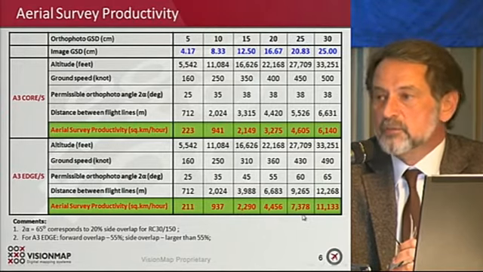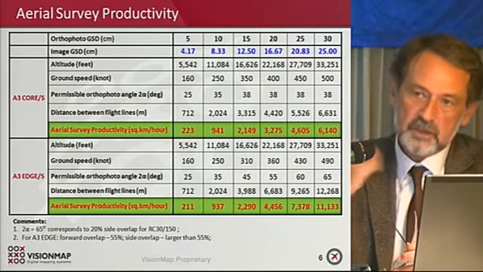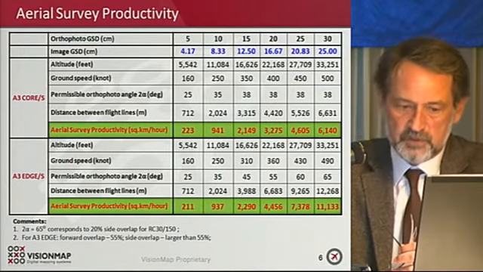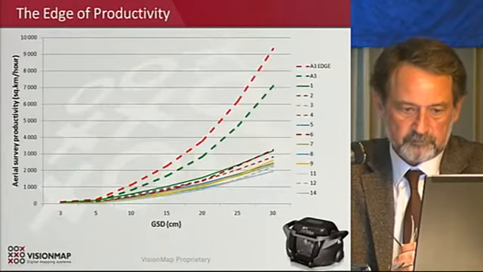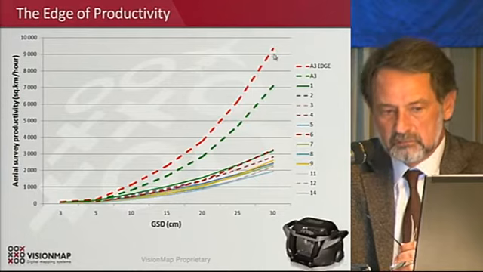If you're after 20, then you will get 7,000 square kilometers every hour. So it's task specific, and at any rate the productivity is very high.